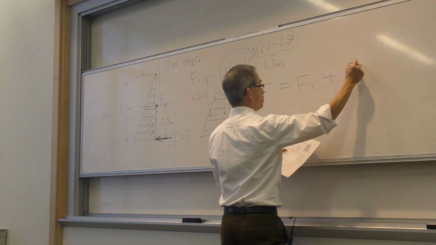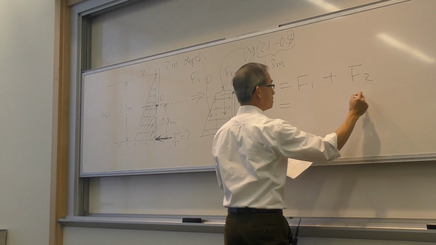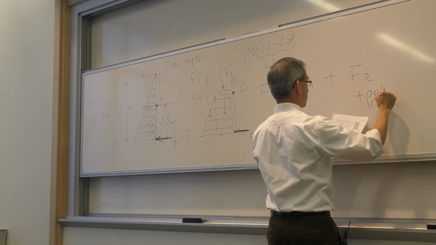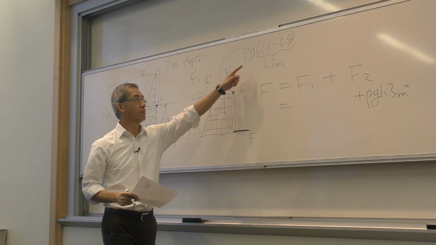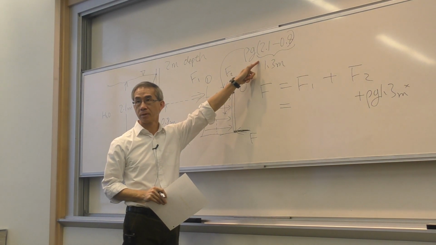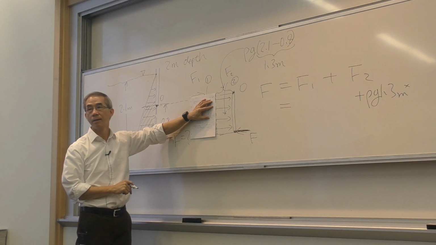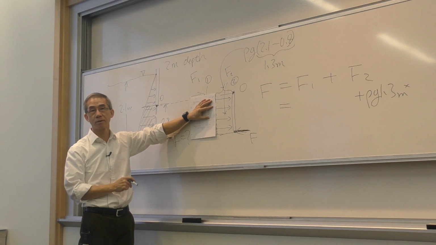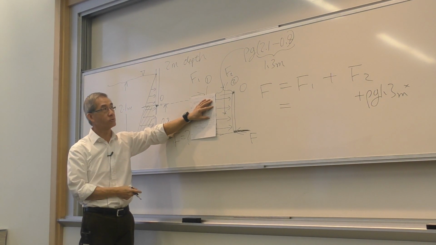So then, when I look at the forces in total, F1 and F2, I'm now dealing with the F2 force. I have a pressure at 1.3 meter, where does that come from? Right here. Forget the triangle, just look at this and ask yourself, can I calculate the resultant force due to this uniform distributed pressure, which is given by rho g times 1.3 meter times an area.